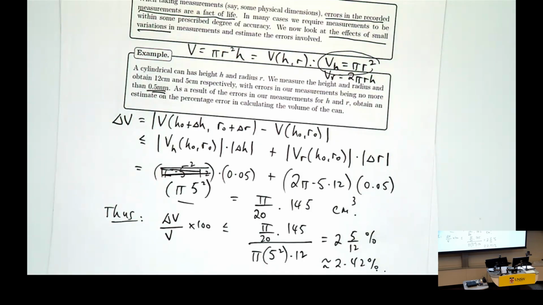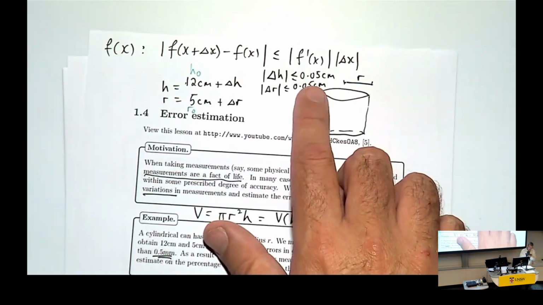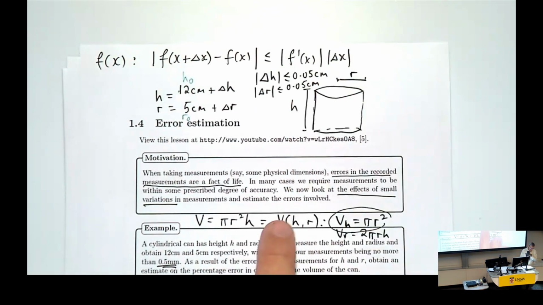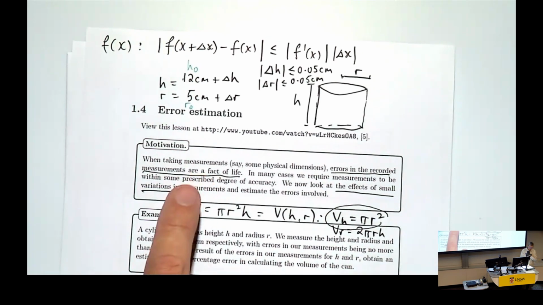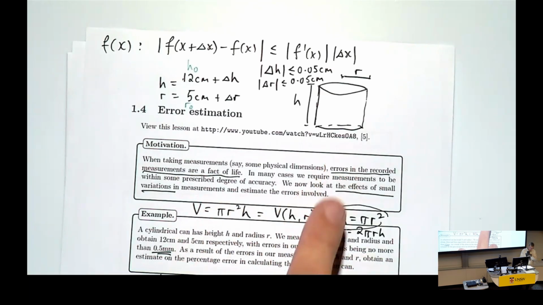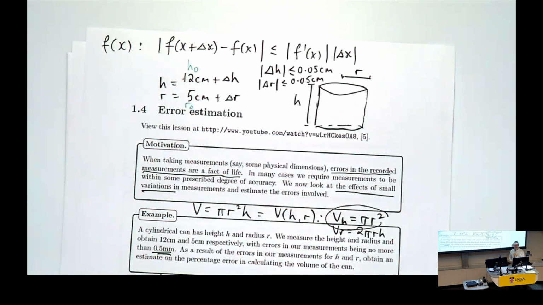I just would have thought, you know, these things are, the errors are half a millimeter. And you're coming up with 12 and 5. I was a bit stunned when I saw that, actually.